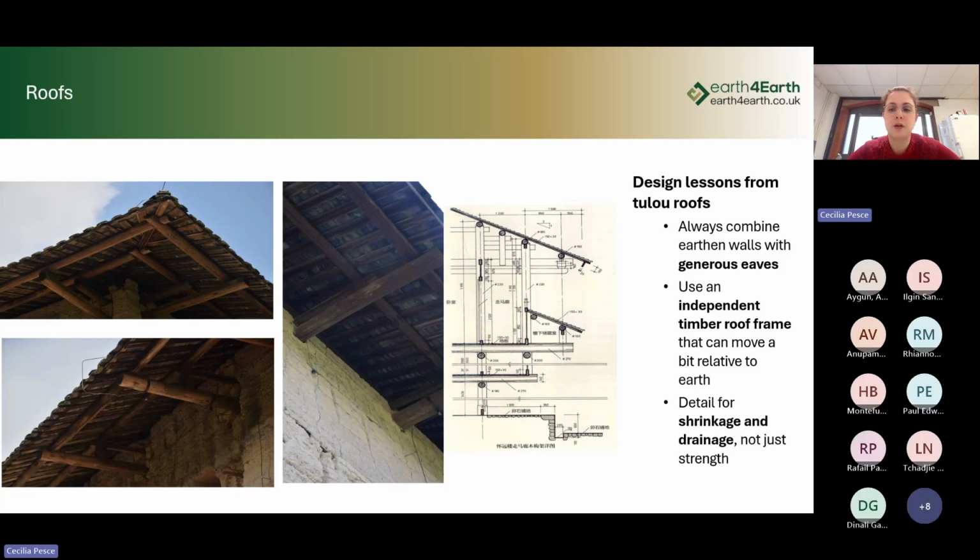So this is also advantageous in terms of earthquake resilience. And all in all, we can see that more focus is provided to protection from shrinkage and focus on drainage, not only on compressive strength and general strength of the material, but really a focus on accommodating movements in the structure.